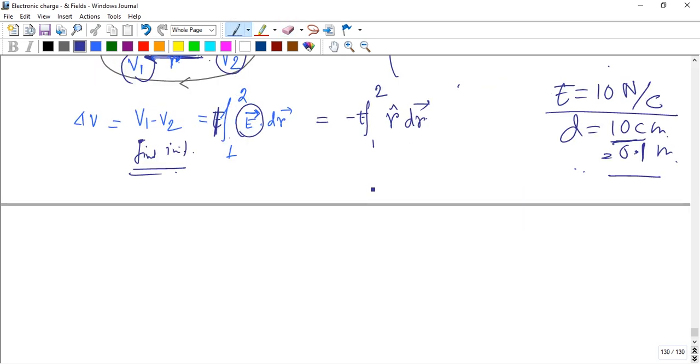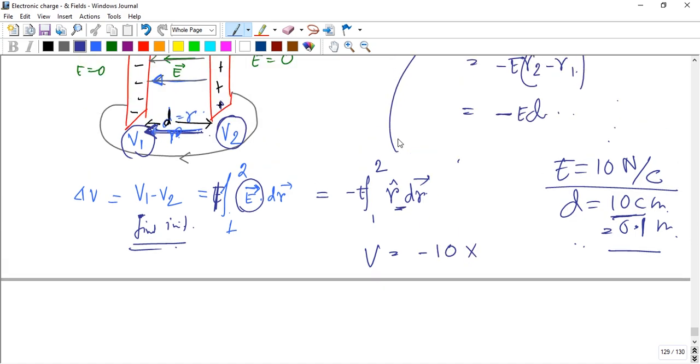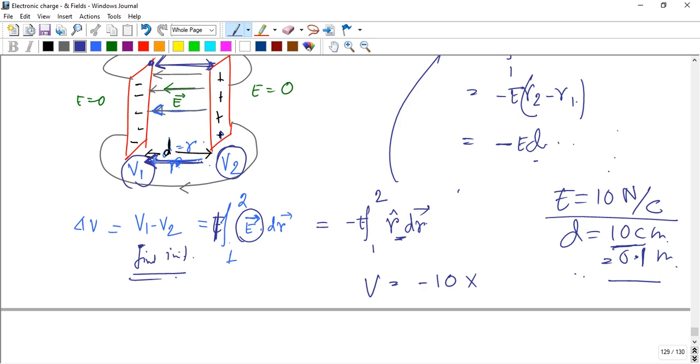So V is minus E times D, which is 10 times 0.1, so that is 1 volt. If the electric field is 10 Newton per Coulomb and the displacement between the two plates is 0.1 meter or 10 centimeter, you get 1 volt.